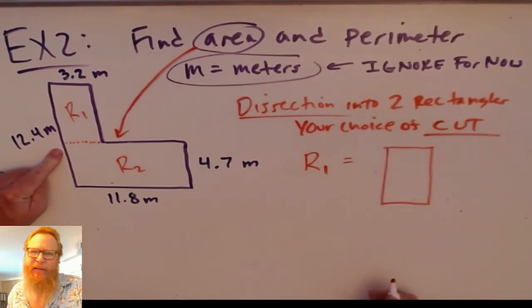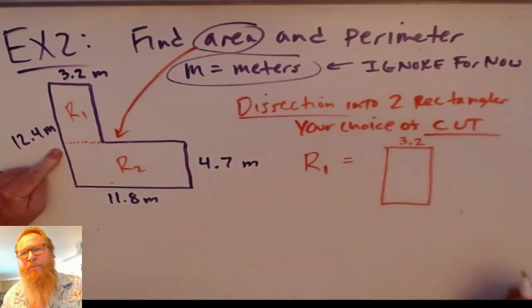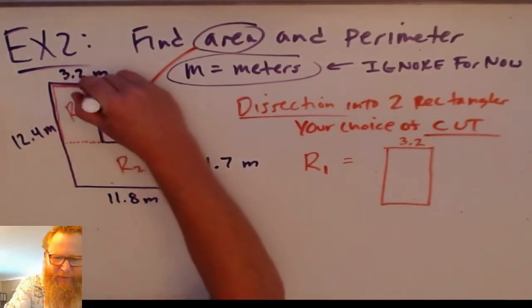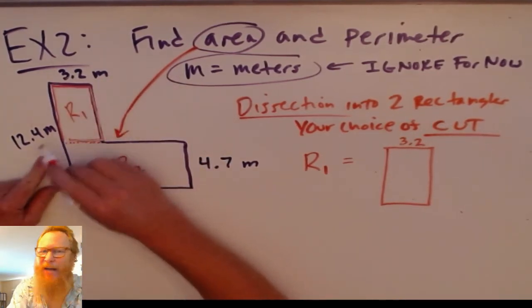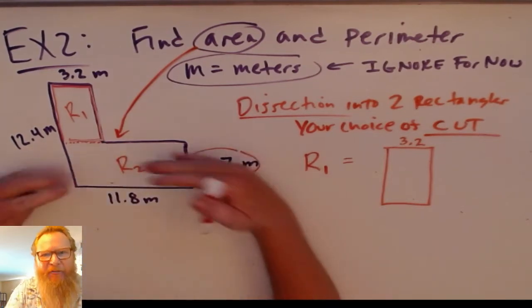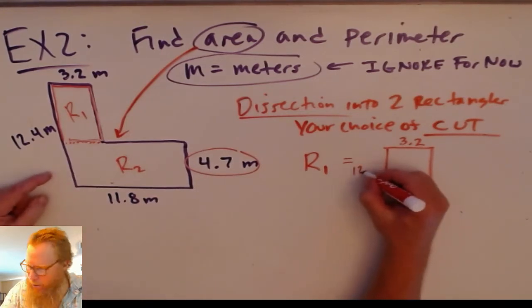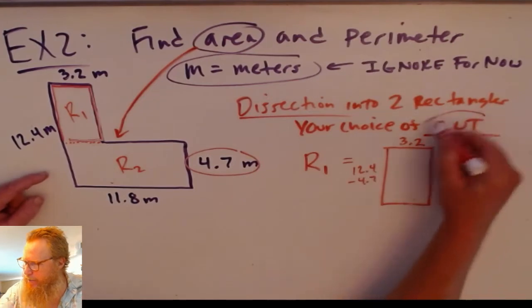It doesn't have to be an exact diagram. I know that this side is 3.2. That's this top piece up here. And I know that this side is not really 12.4 anymore because I have cut off 4.7 of it. So this side is 12.4 minus 4.7 because of the cut.